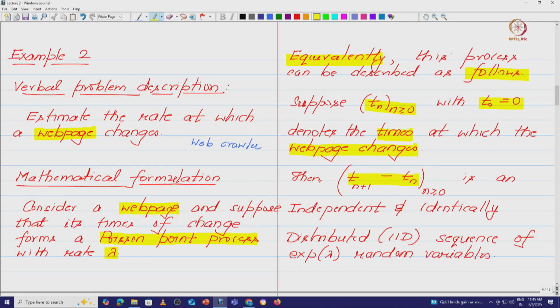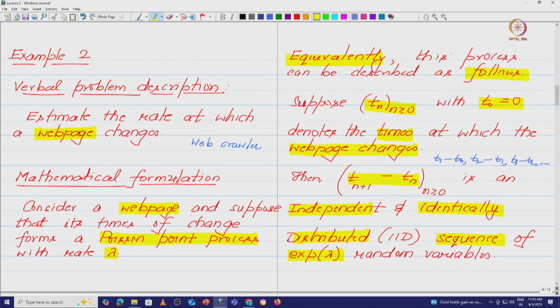So you look at T1 minus T0, then T2 minus T1, T3 minus T2 and so on. So you look at this sequence. We will say that this sequence Tn is a Poisson point process if the sequence of interchange time instances are an independent and identically distributed sequence of exponential random variables with parameter lambda.